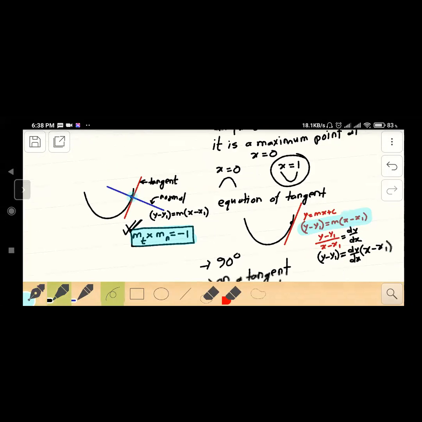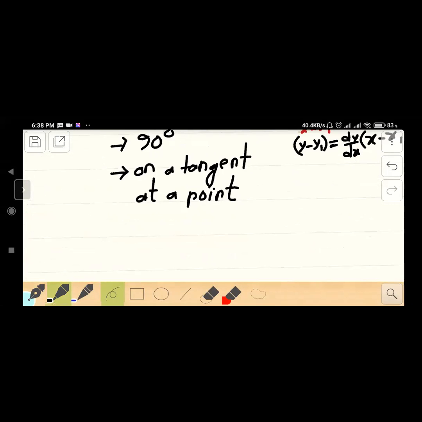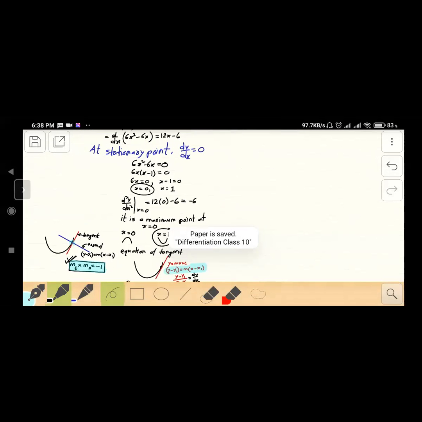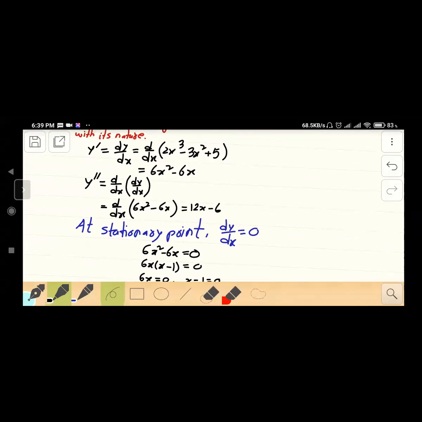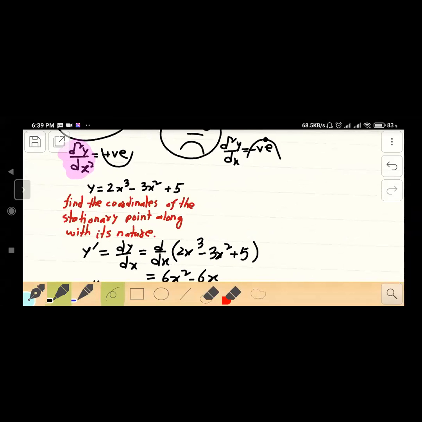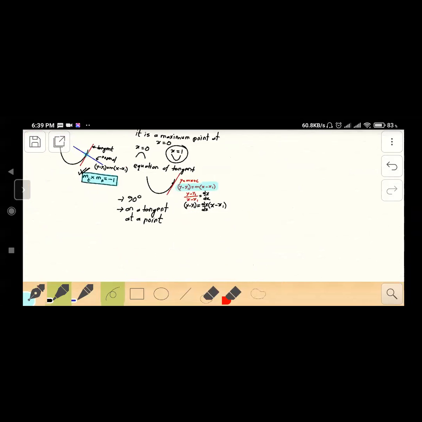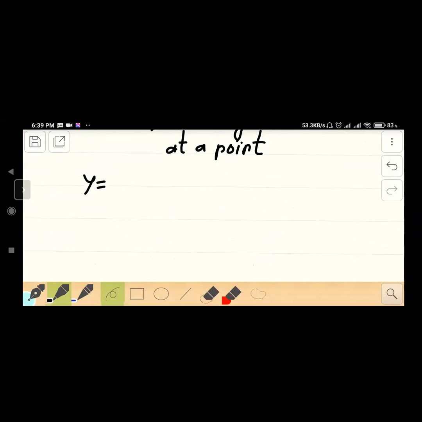Okay, now let's look at an example. Let's use this equation: y is equal to 2x cube minus 3x square plus 5.